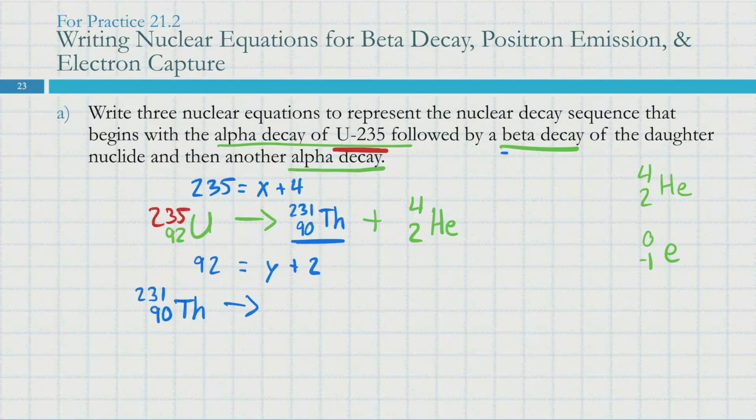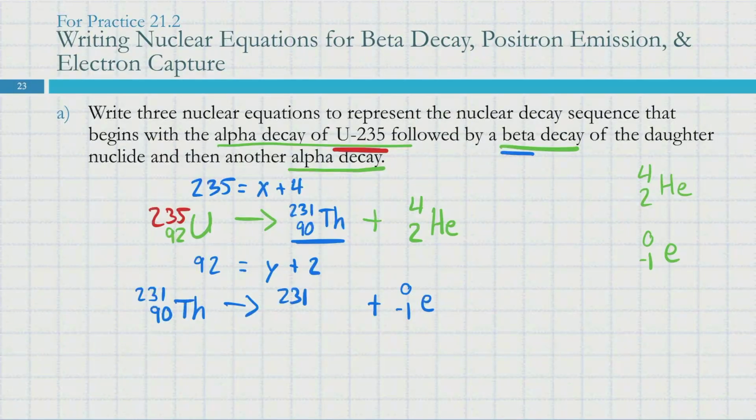And this time it's undergoing beta decay. So it's emitting an electron. And since our electron has no mass number, or a 0 for a mass number, that means that our mass number is still going to be 231.